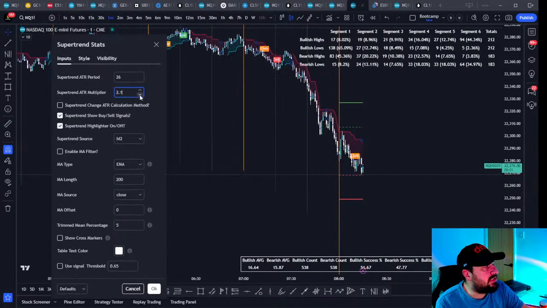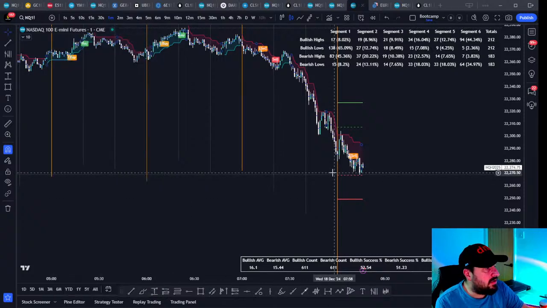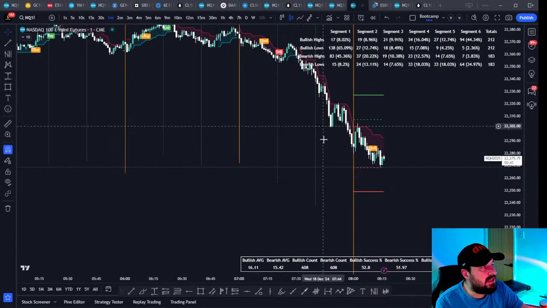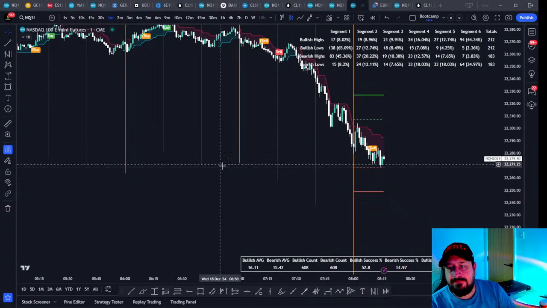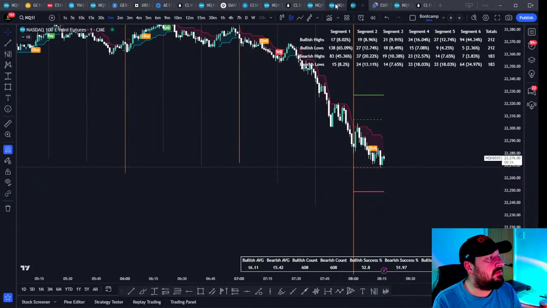Let me just adjust these settings. Yeah, that'll do. That's close enough. So yeah, nice little indicator. It's free. Grab it if you want it. Let's get back to it.